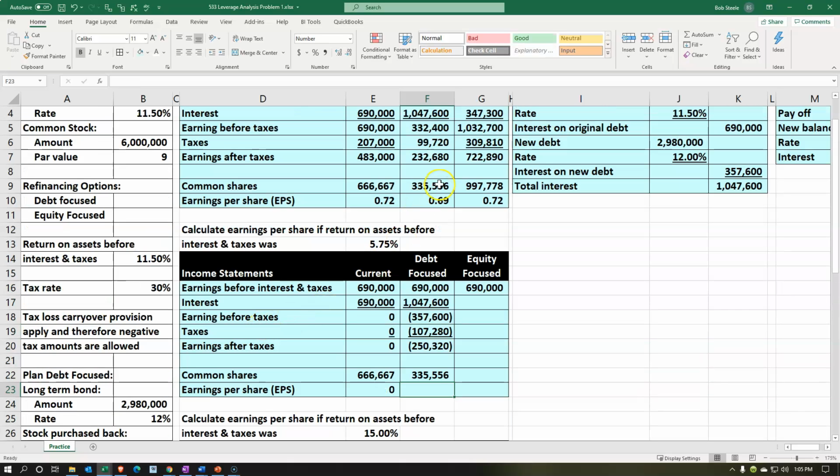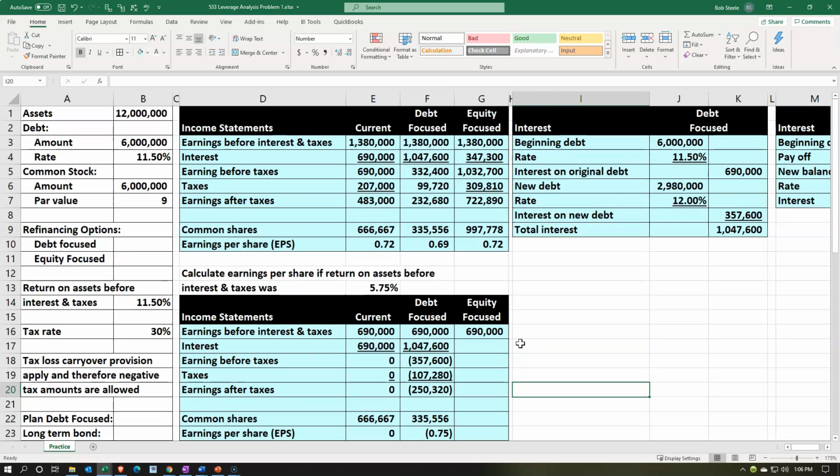And so now we're at the same scenario we had up here. And then we're going to divide this out. This is going to be the 250,320 divided by the number of shares. Let's add some decimals. We could keep going. We're going to stop at 2. So the 75 loss now.